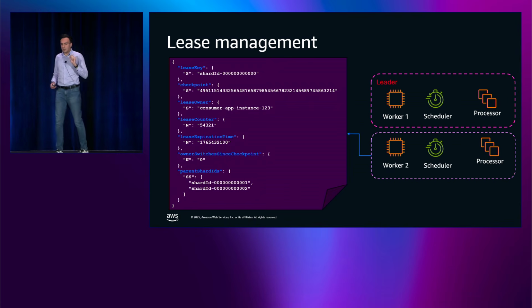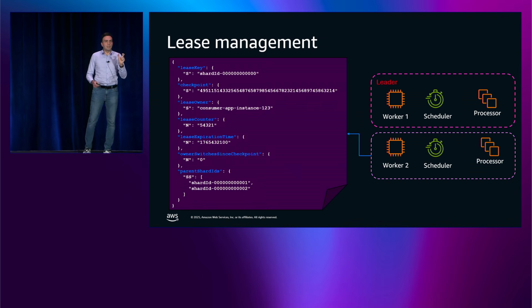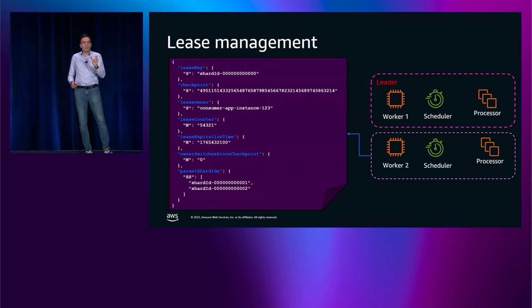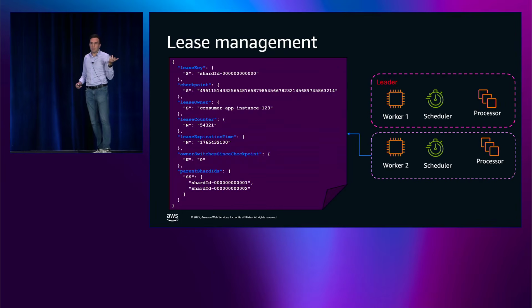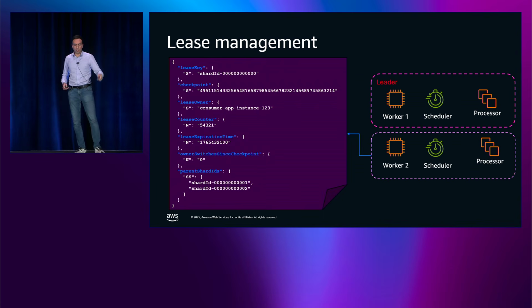When a lease record is not updated, meaning that this timestamp is not up to date, it means that the processing thread has failed silently. And it detects it, and then another worker will take over. And whoever wins, which one wins? The first one, obviously, who takes the lease. That one will take over from the other worker.